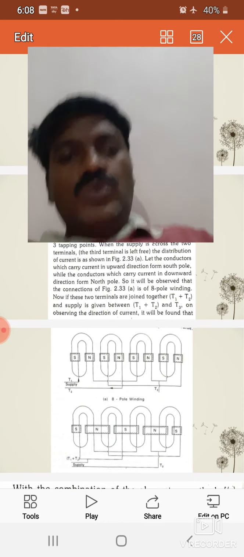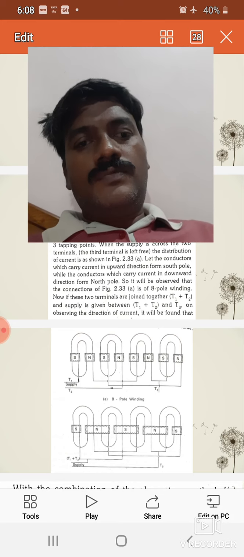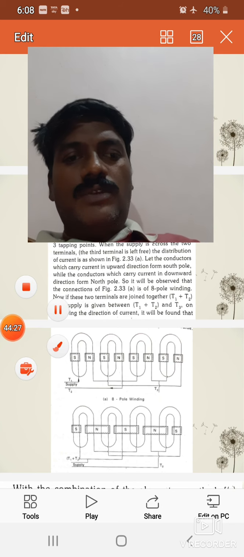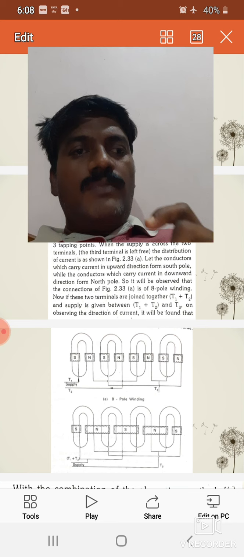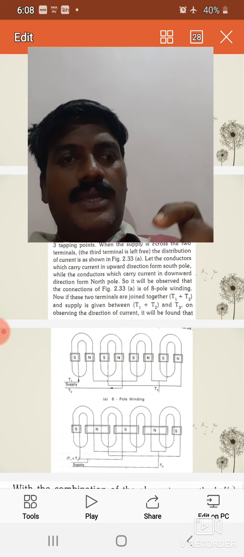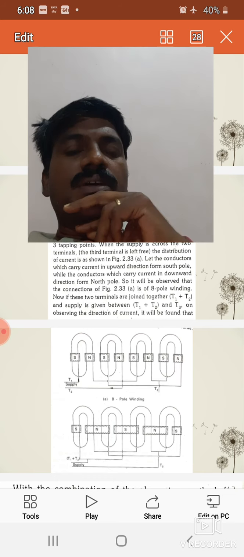Again, for the number of poles, we have two methods: one is the consequent pole winding method, and the other is designing for two windings. And from the rotor side, we have three methods: one is by changing the resistance, second by injecting the EMF, and third one is the cascade method.